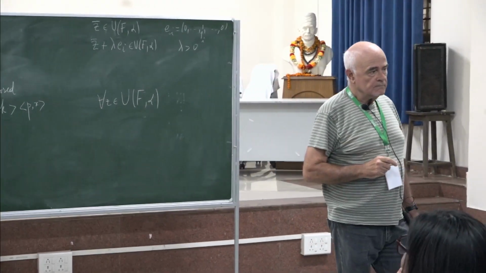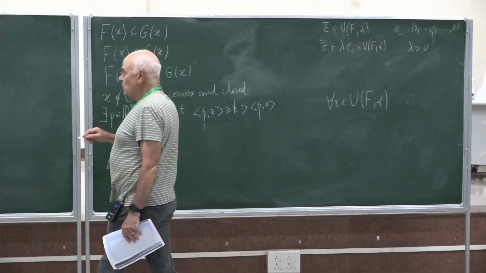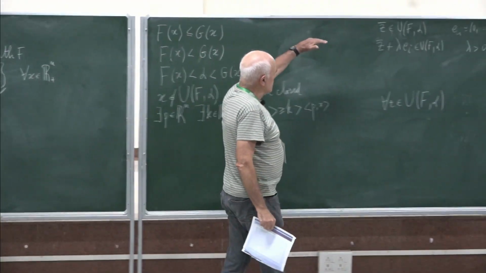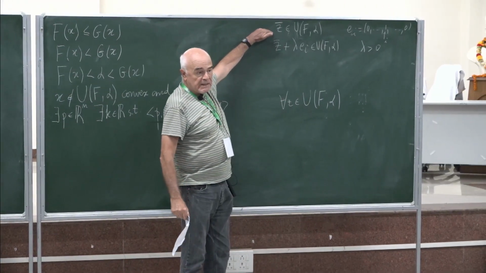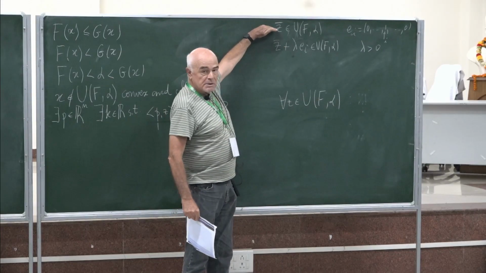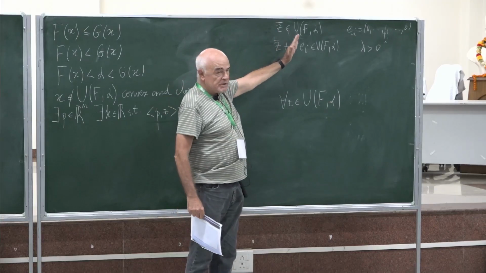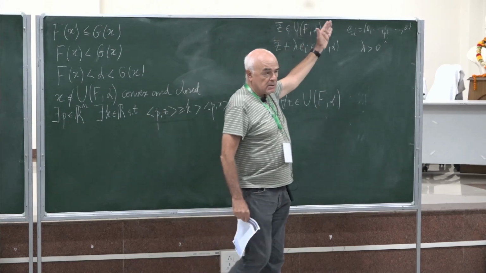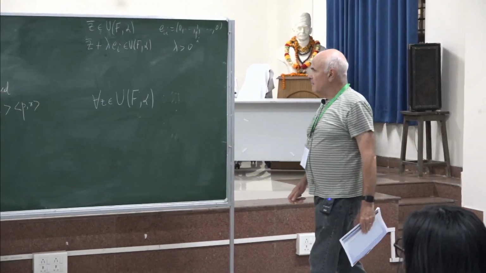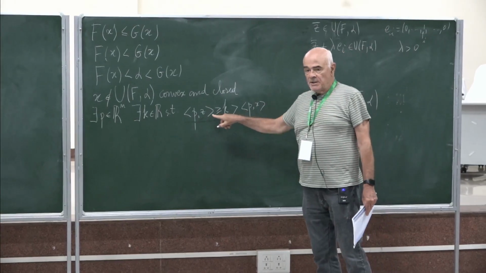Do you know why? Because F is non-decreasing. Z bar was here, means F of Z bar is greater than or equal to alpha. Then this is greater than or equal to Z bar, so its value is larger than the value at Z bar. So it's greater than alpha. So it still belongs to the upper level sets. And this means that it must satisfy this inequality.